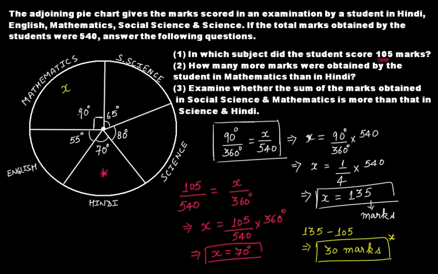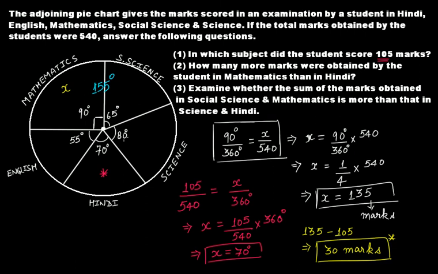If you add these two, 90 plus 65 is 155 degrees.